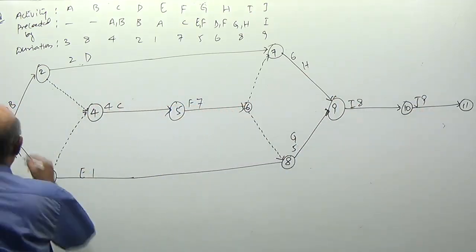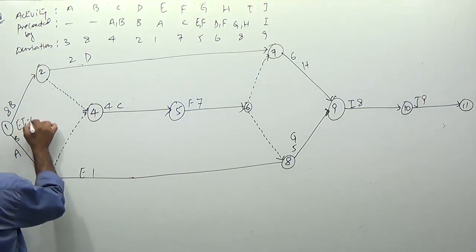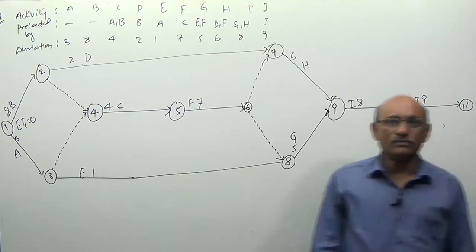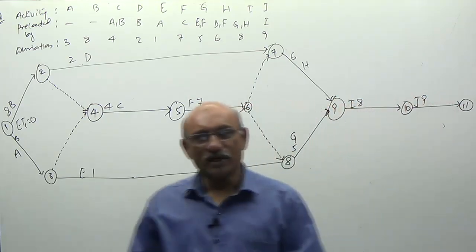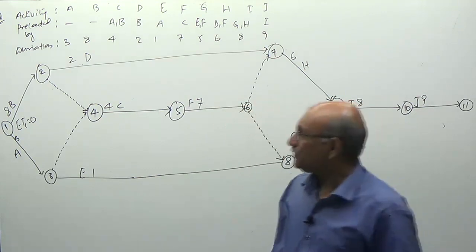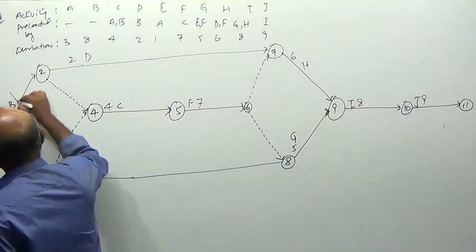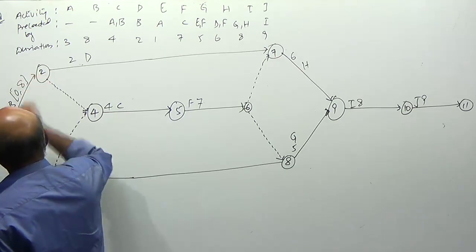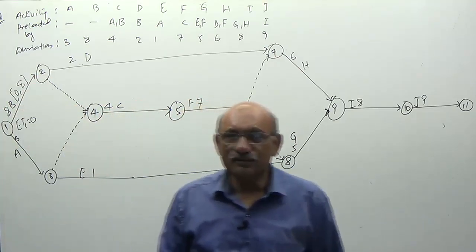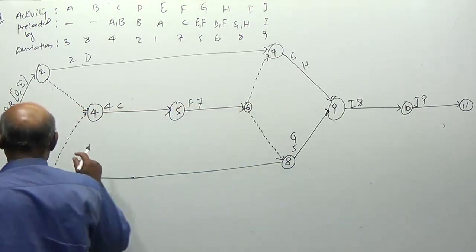Now sir, the earliest timing of node 1 is equal to 0, as and when the project is allotted to you. As and when the project is allotted to you, you can start this network. Starting at the 0th time, on the 8th day you are completing, because activity B will take 8 days. Clear?